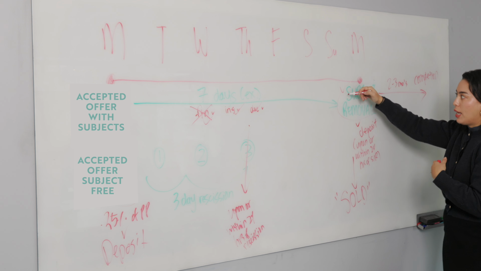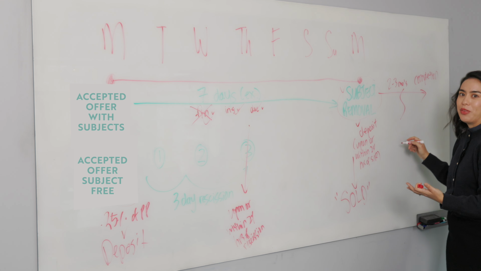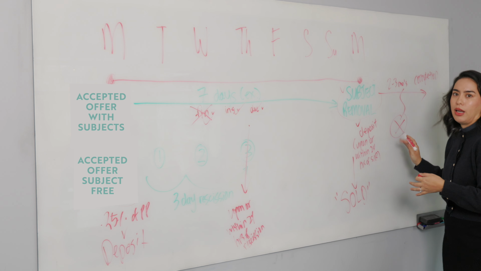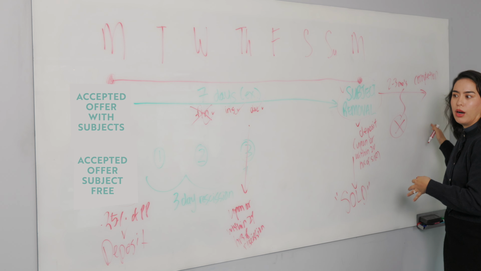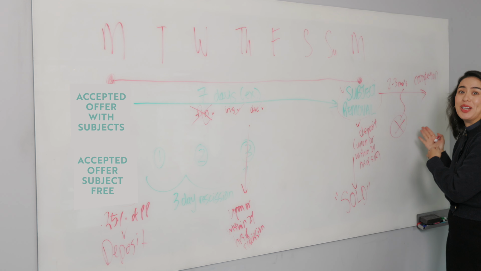Now, if we said, yeah, we're good with this, yeah, we're good with this, and then all of a sudden, 1 month down the road, you say, oh, actually, I have no intention of completing, or I'm not able to complete, or I changed my mind, you cannot do that.